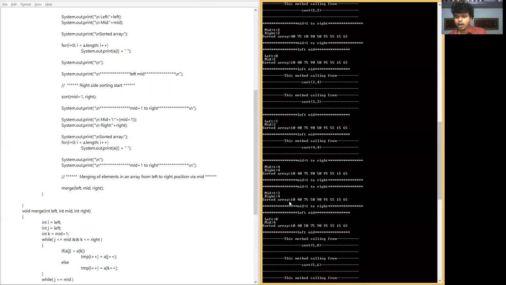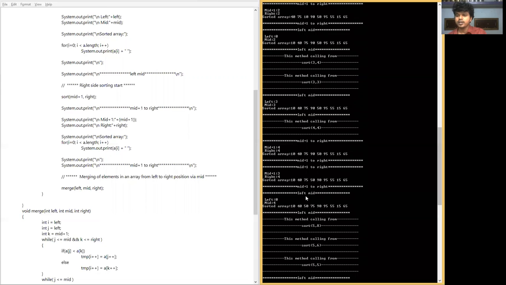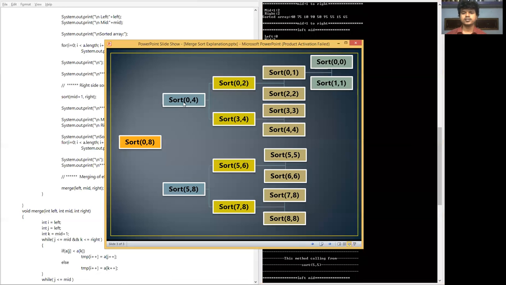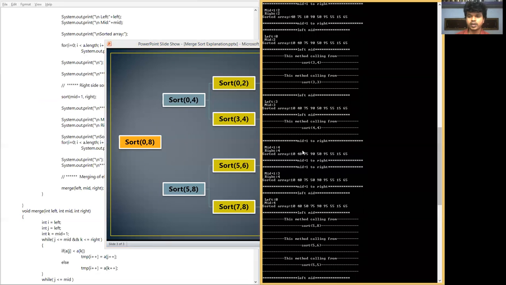See here, up to here we are coming. Then after left to mid, that is nothing but, here this sort 0, 4 is left to this entire array. That's why we are going to evaluate left 0, mid 4. So the sorted array, 0 to 4, nothing but 0, 1, 2, 3, 4. So 0 to 4 indexes.